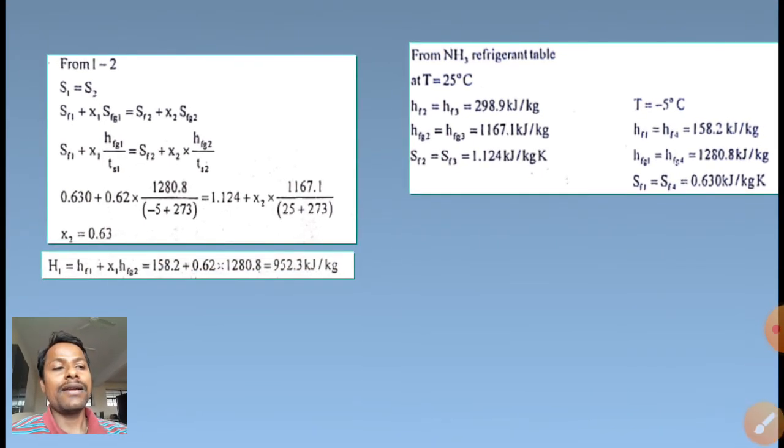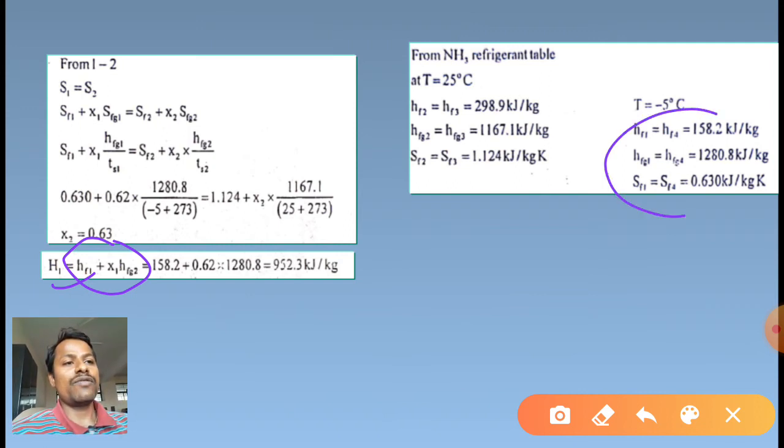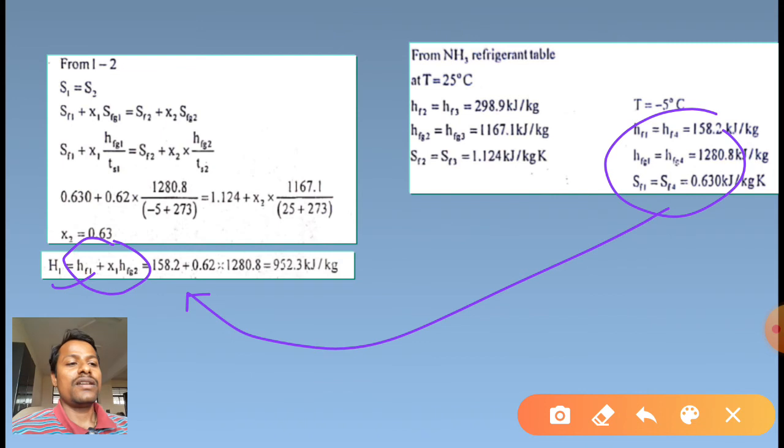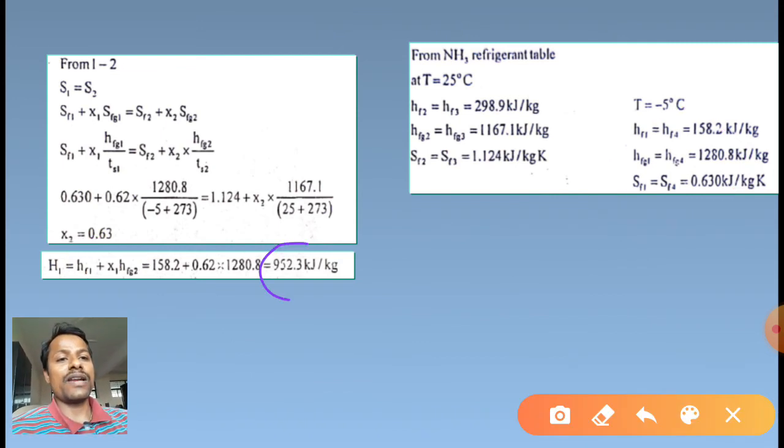Now we will calculate enthalpies at all the points, that is 1, 2 and 4, because I need enthalpy values for calculation of COP. First I am calculating enthalpy H1. What is the condition of the refrigerant at state 1? It is wet, so I can apply the formula HF plus X HFG. Applying to state 1, I substitute the values, with X1 being 0.62, and finally I am able to calculate H1.